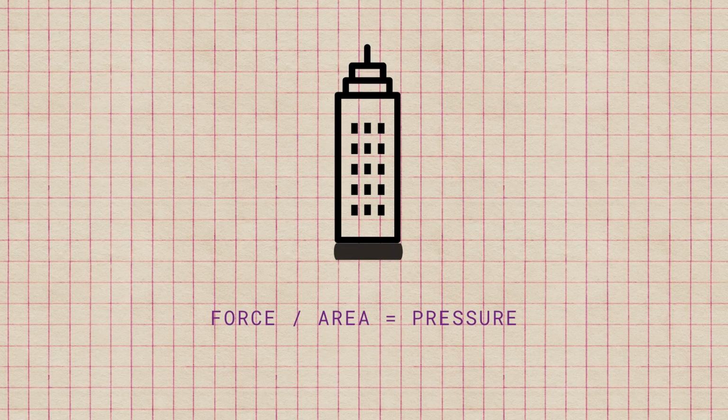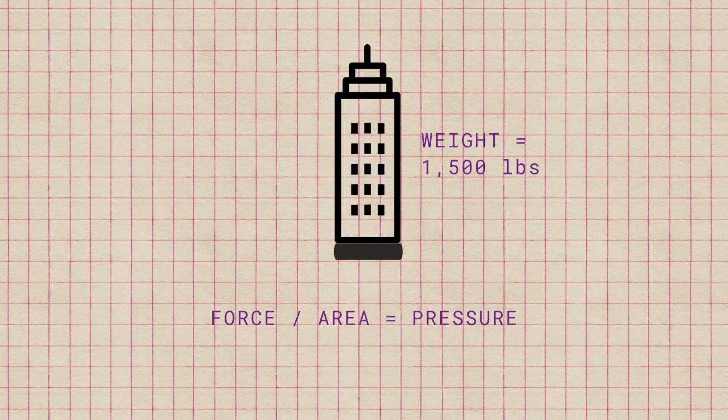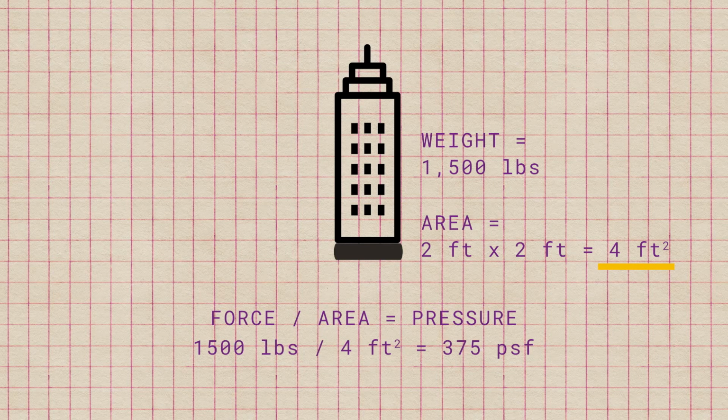So if a weight, let's say 1,500 pounds on a column with an area of 1 foot squared is applied without a footer, the pressure would be 1,500 pounds per square foot, or PSF. But if we add a footer to the bottom of the column that is 2 foot by 2 foot, or 4 foot squared, then the pressure would be 1,500 pounds divided by 4 foot squared, which is only 375 pounds per square foot.